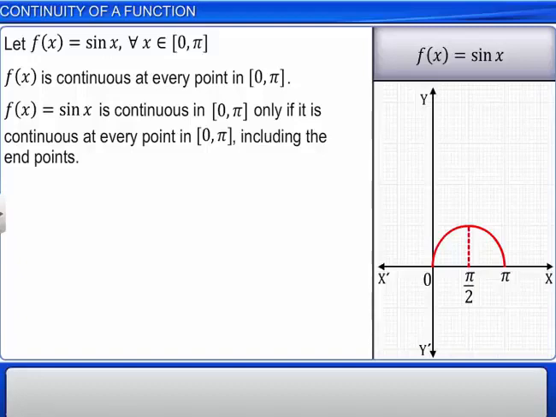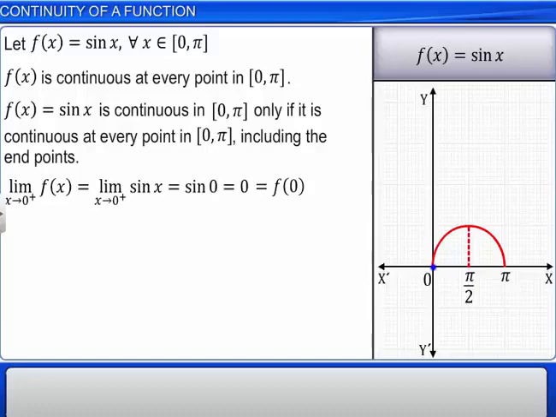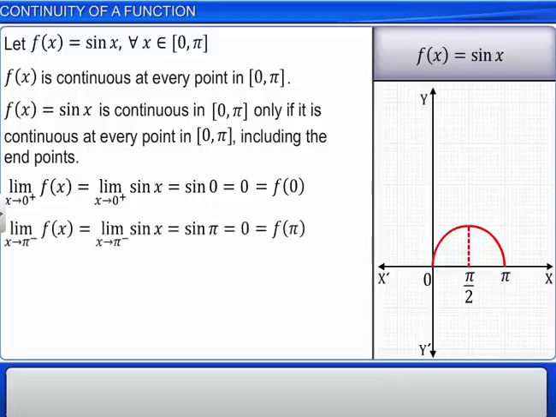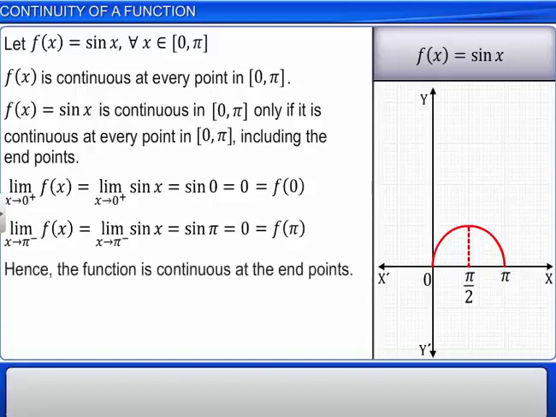The right-hand limit of f of x at x equal to 0 is 0, which is the value of the function at 0. The left-hand limit of f of x at x equal to pi is also 0, which is the value of the function at pi. Hence, the function is continuous at the endpoints.